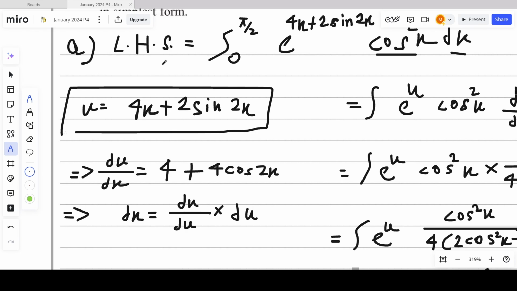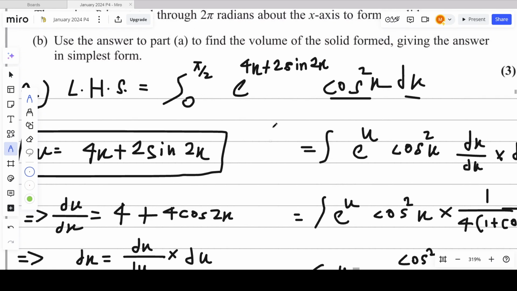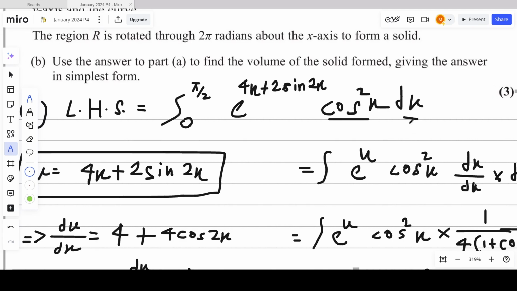My goal was to eliminate the terms with x from the integral. So I got the substitute for u as per the question, but the problem was cos squared x dx. For dx it's pretty straightforward, you can easily eliminate dx by just differentiating the substitute u.